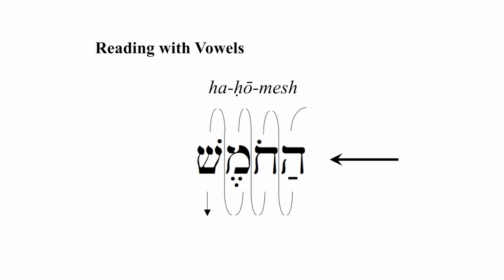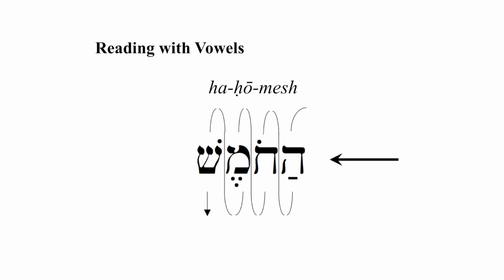We then transition into the next consonant, the mem, and as we move down, we encounter our next vowel, this time a short E, and then we move up and we hit our final consonant, a sheen, an SH sound, that allows the final syllable to be pronounced, mesh. So put together, we have ha, ho, mesh. And we just weave our way through the word.